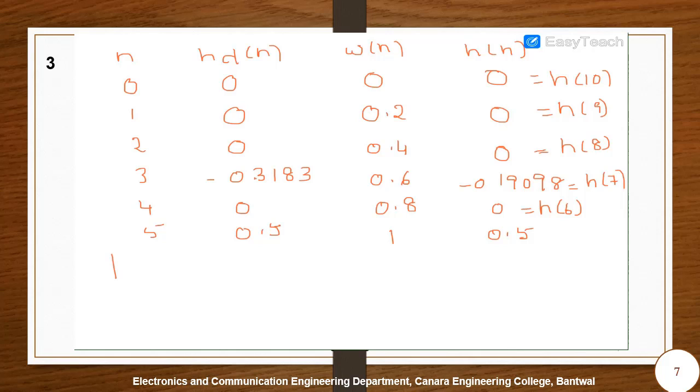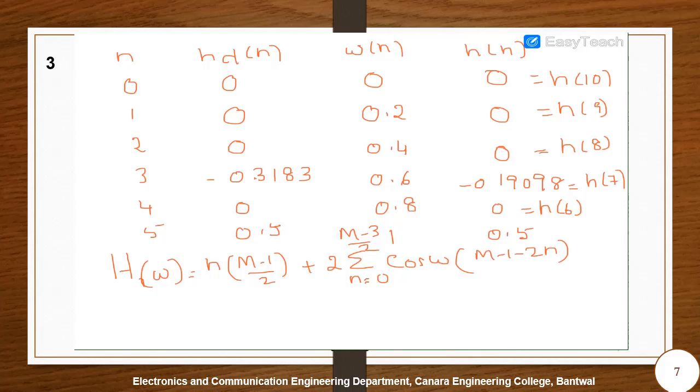So using these h of n values, we have h of omega, that is a frequency response, and you know that here n value is 11, odd, so this is given by h of (m minus 1) by 2 plus 2 times summation n varying from 0 to (m minus 3) by 2 of cos of omega ((m minus 1) minus 2n) by 2 multiplied by h of n.